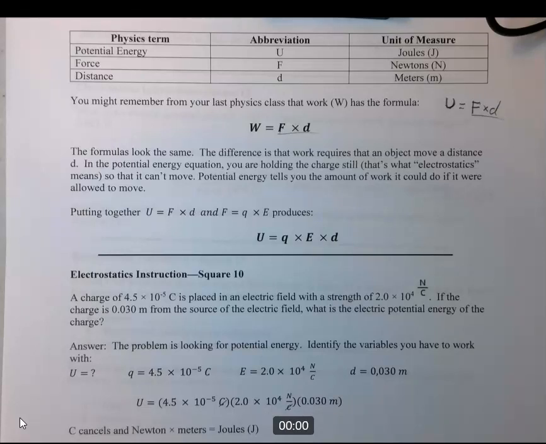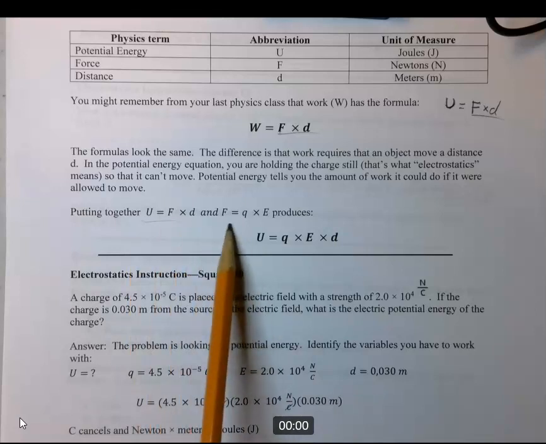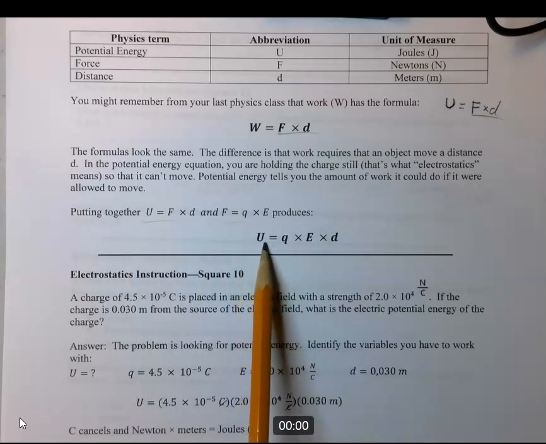In the potential energy equation, you are holding the charge still, that's what electrostatics means, static means still, so that it can't move. Potential energy tells you the amount of work that it could do if it were allowed to move. Now you can put the two equations together, and you get U, potential energy, equals charge times electric field times distance.